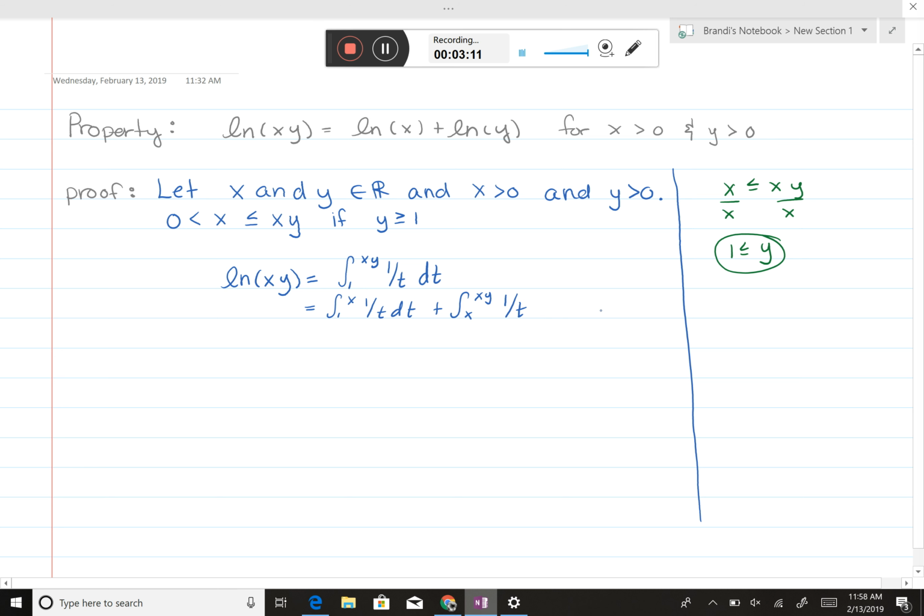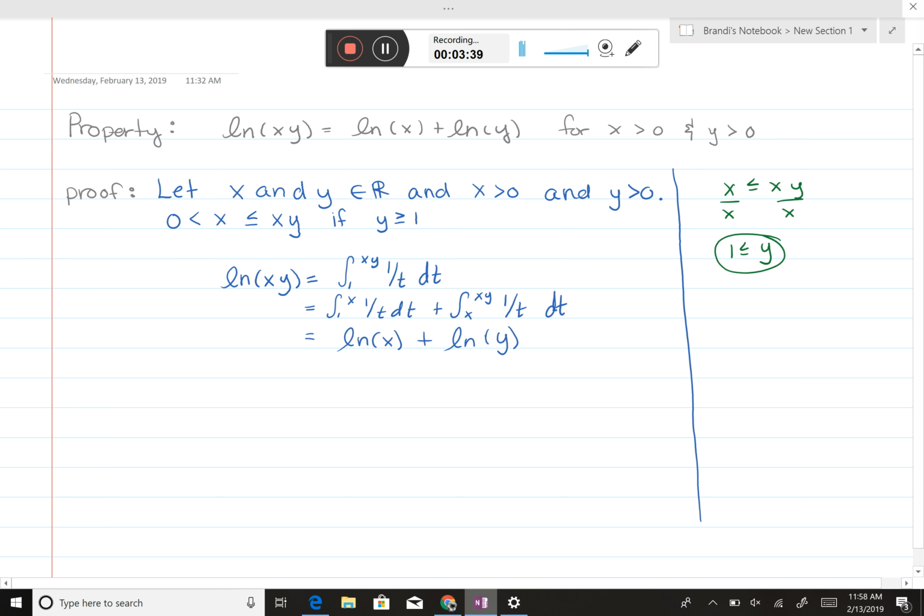And this is why I need x to be in between 1 and xy. So this is why I needed x to be between 1 and xy, so that I could split it on x, which isn't true if x is somehow outside of 1 to xy. So by definition, this is ln of x. And by some crazy u substitution, this one is ln of y.